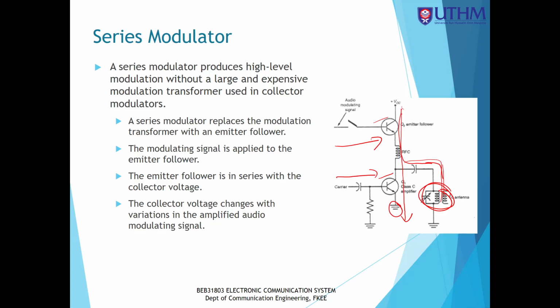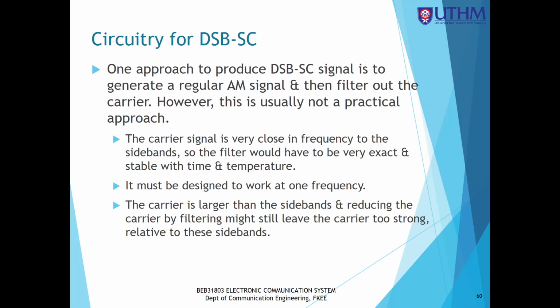But this process happens very quickly, so we cannot see the difference. From here we can see that the output is like a double sideband full carrier. We have the positive and negative sides.